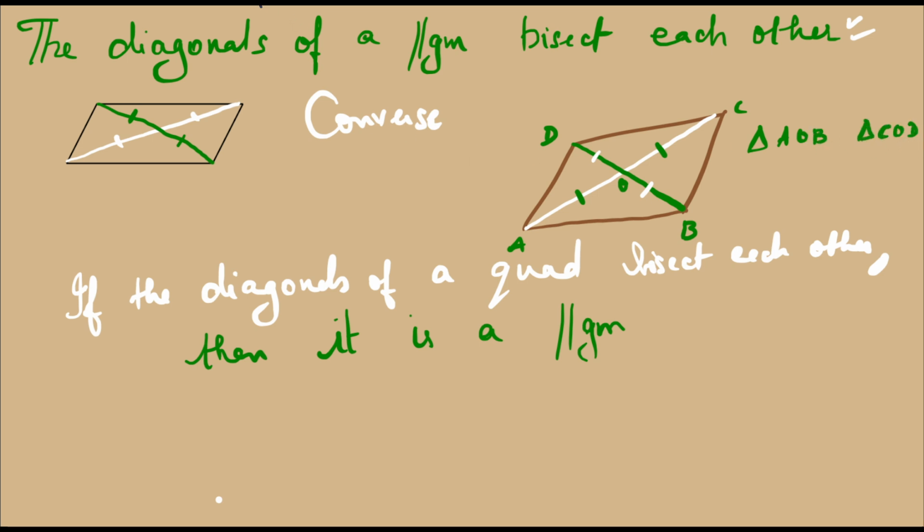So what do I observe in AOB and COD? First thing, AO is equal to OC, right? These two are equal, and similarly these two are equal.